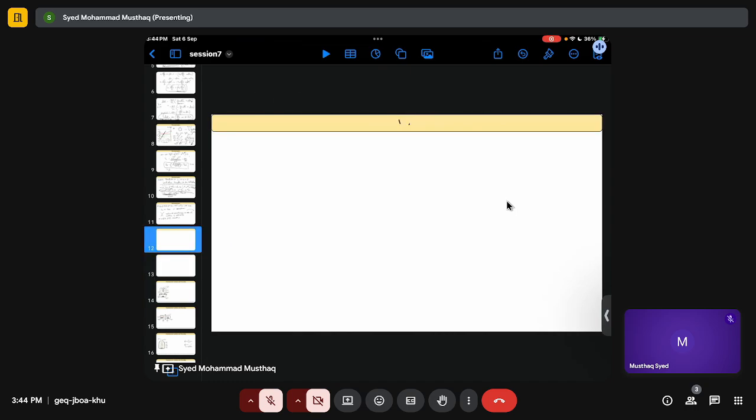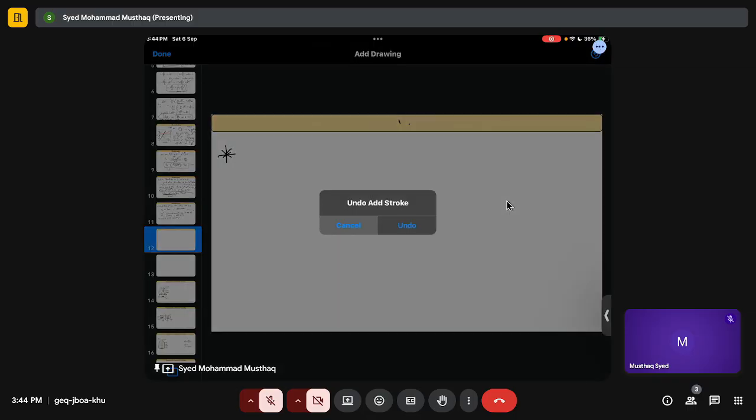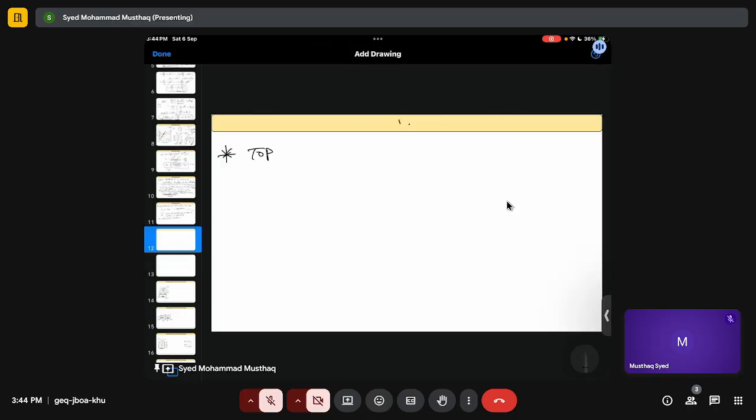How do you form the nanoparticle? Okay. There are two main ways. I mean, there are many ways, but we broadly categorize them into two different parts. One is top down, and another is bottom up.